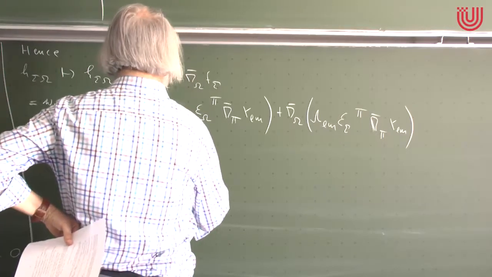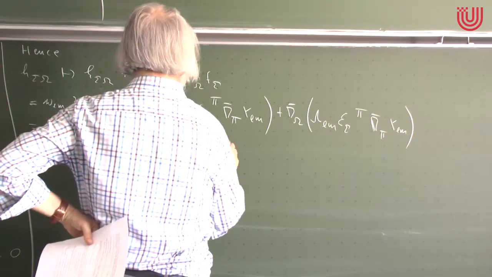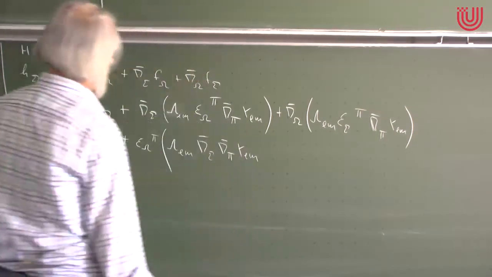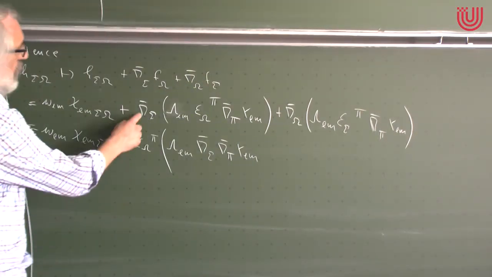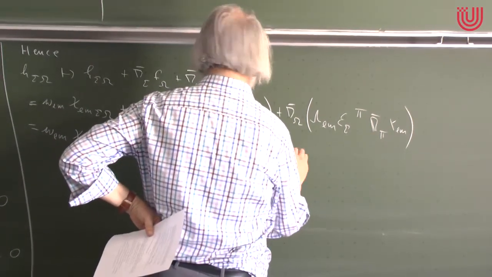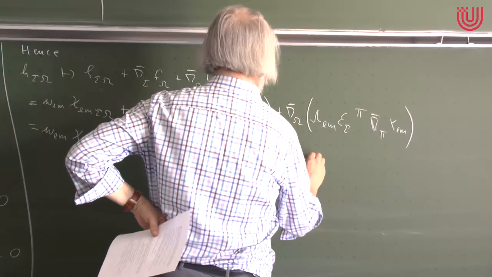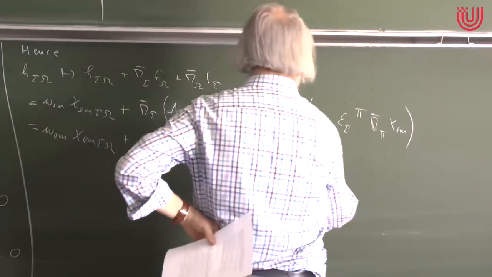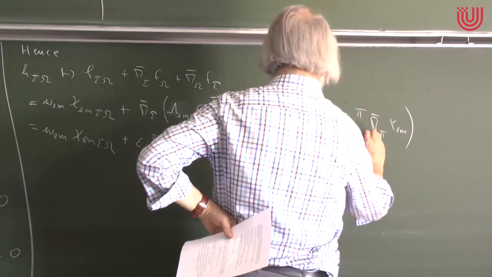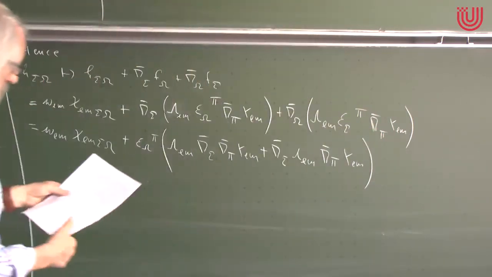So I get lambda Lm del bar sigma del pi Y Lm plus the term where this acts on the lambda. Lambda Lm del pi Y Lm.